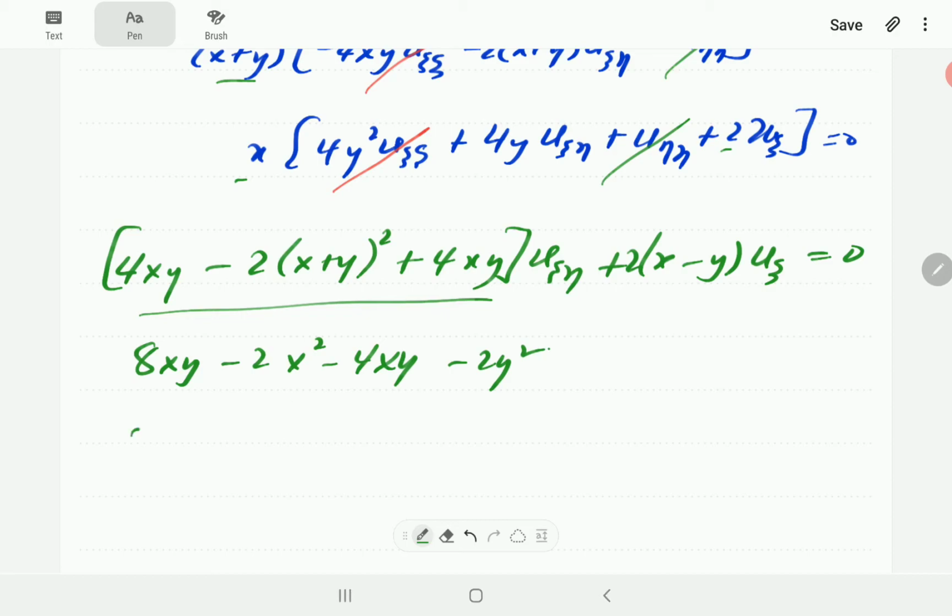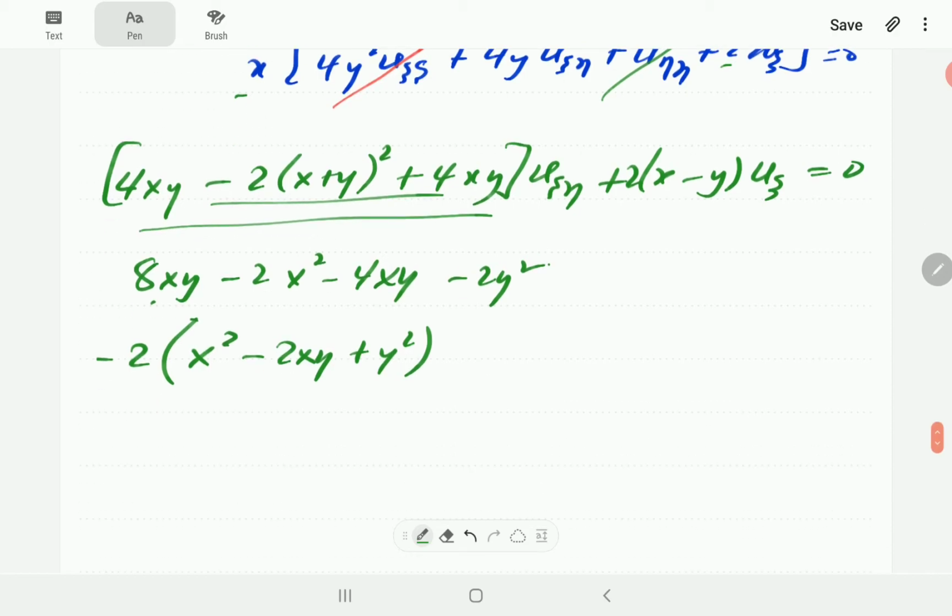So if we factor out a negative 2, this is going to be x squared, then 8 minus 4 is 4, factor out 2, it's going to be negative 2xy, and then this is going to be y squared. So basically this is now (x minus y) all squared.